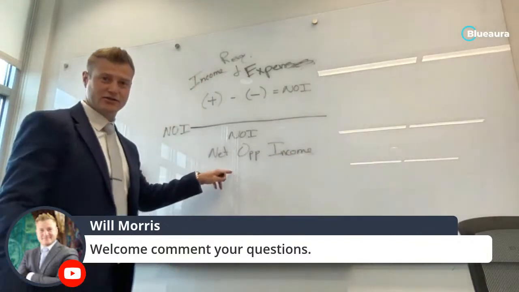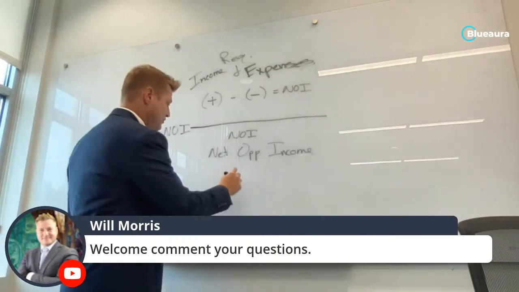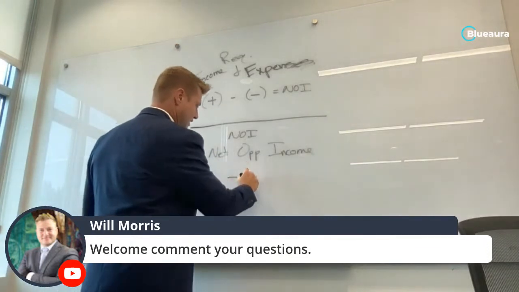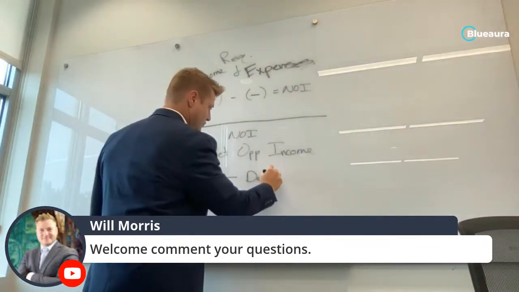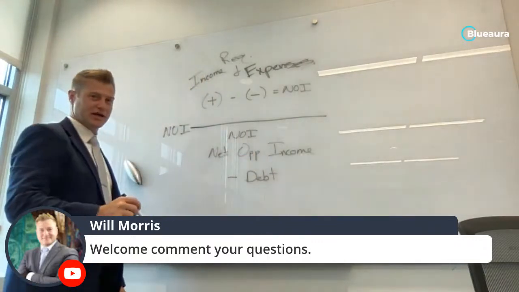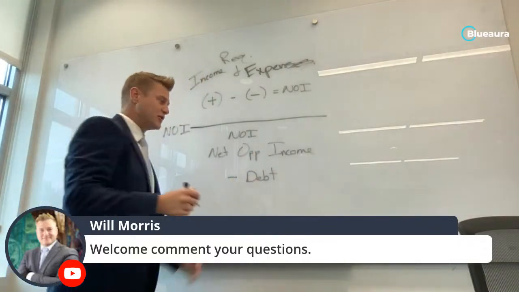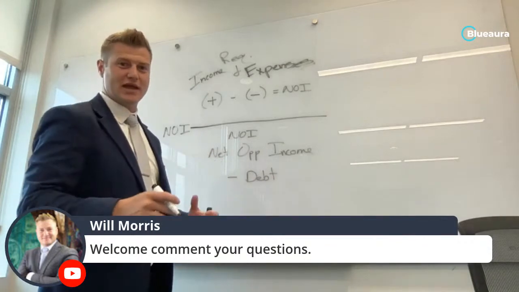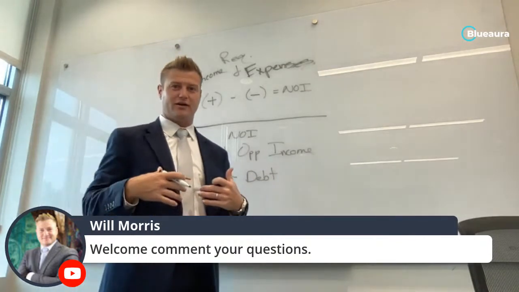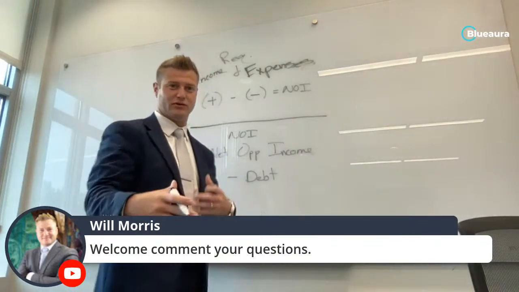Now, outside of that, you take net operating income, and then you minus your debt, because remember, NOI never includes debt, okay? The reason is because what I get debt on and what you get debt on is different.